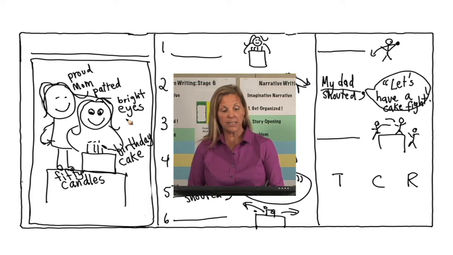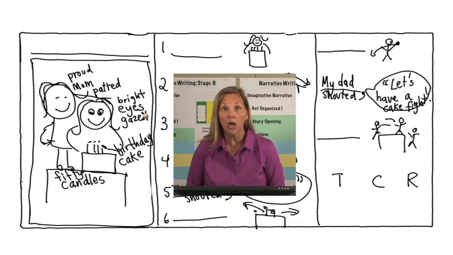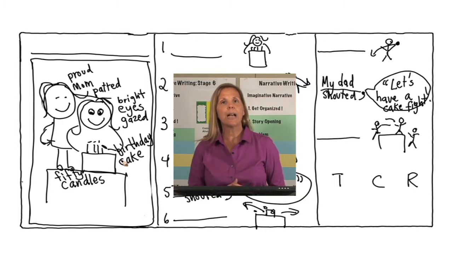Ooh, I could say stared, but I think I'm going to use the word gazed, because stared sometimes means something's weird or odd. But if I gaze at something, then I'm smiling and I'm really happy. What action could I have for the birthday cake? Sometimes you can't come up with action words, so I could say the birthday cake was decorated with. So let's put the word decorated there.